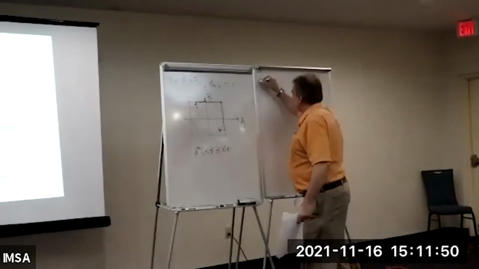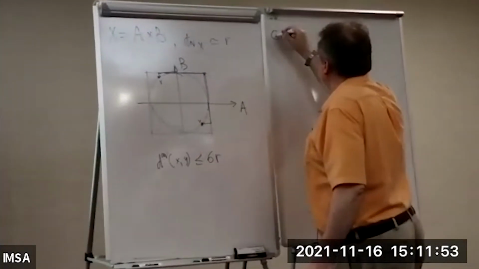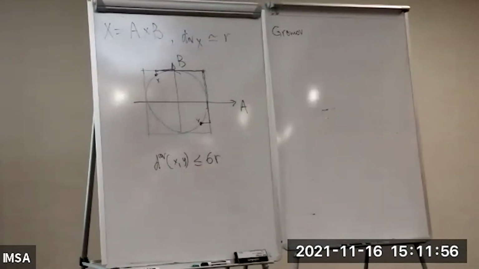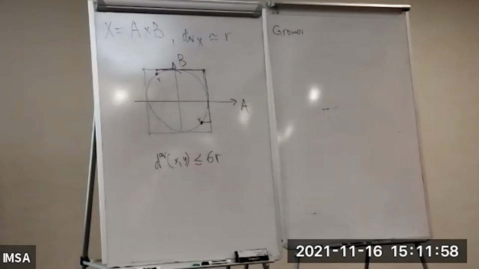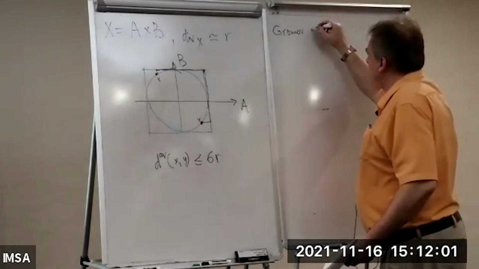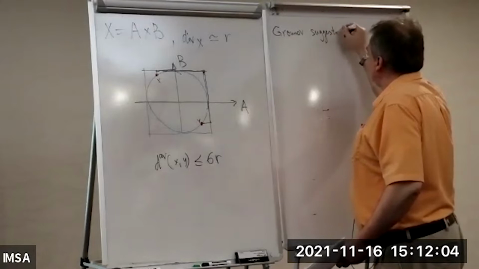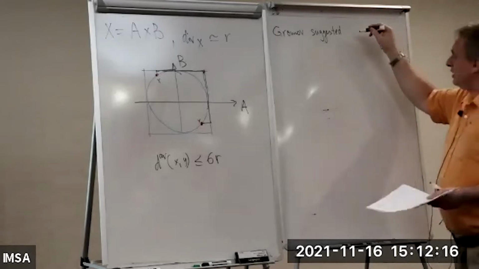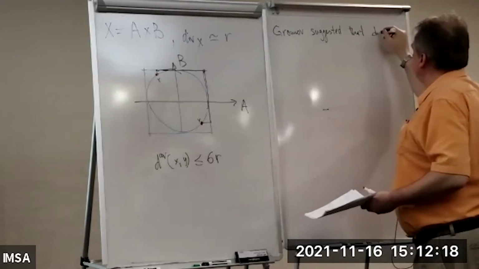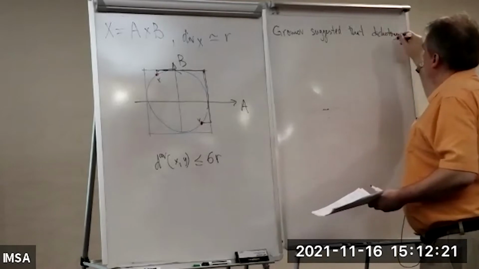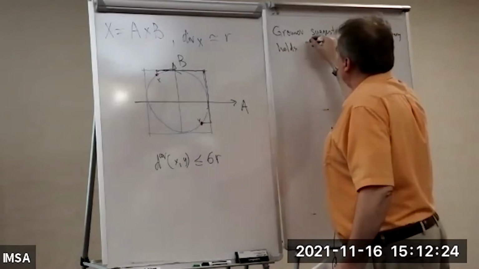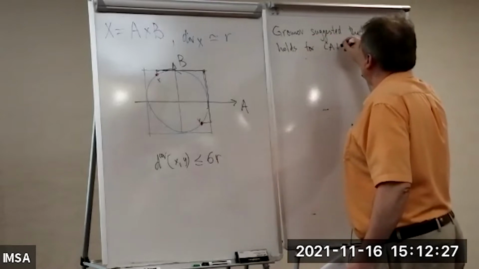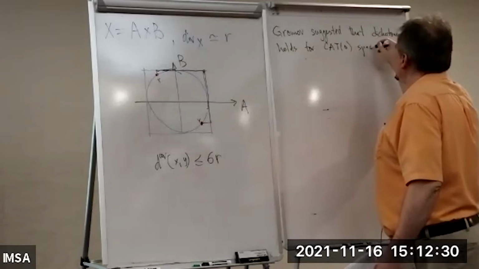So Gromov, in his seminal article in the early 90s, suggested, I avoid using the word conjecture because he was vague, or maybe writing not in a very formal language there, that this dichotomy holds for CAT(0) spaces as well.